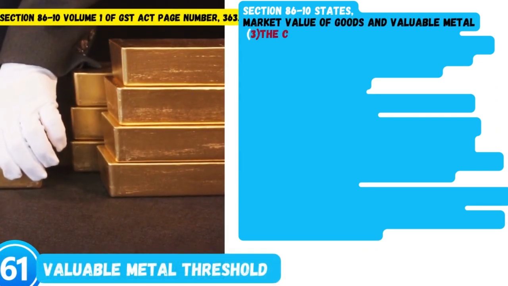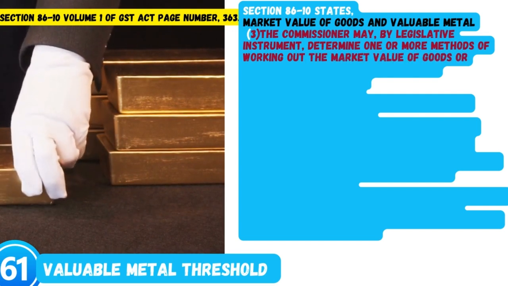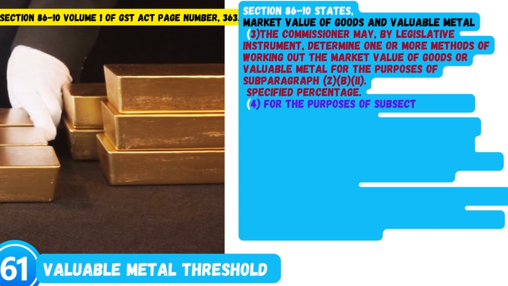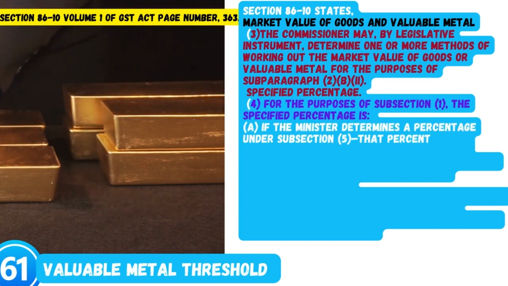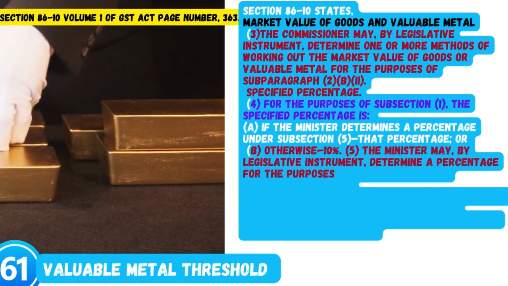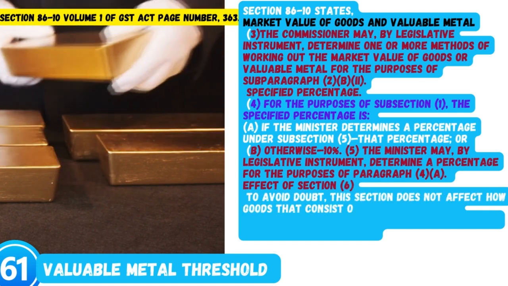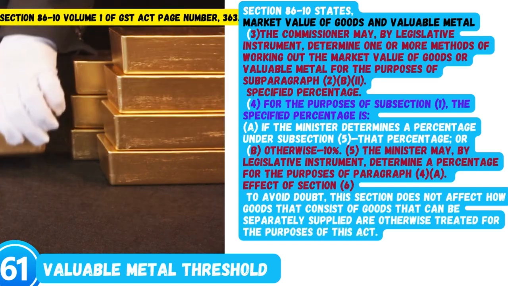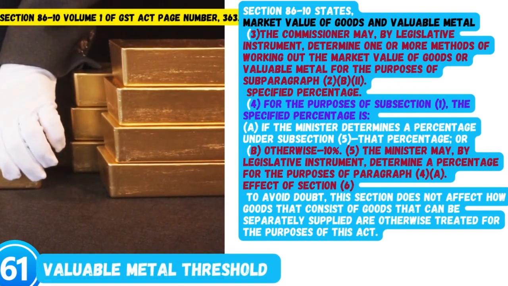3. The Commissioner may, by legislative instrument, determine one or more methods of working out the market value of goods or valuable metal for the purposes of subparagraph 2(c)(2). Specified percentage. 4. For the purposes of subsection 1, the specified percentage is A. If the Minister determines a percentage under subsection 5, that percentage, or B. Otherwise, 10%. 5.